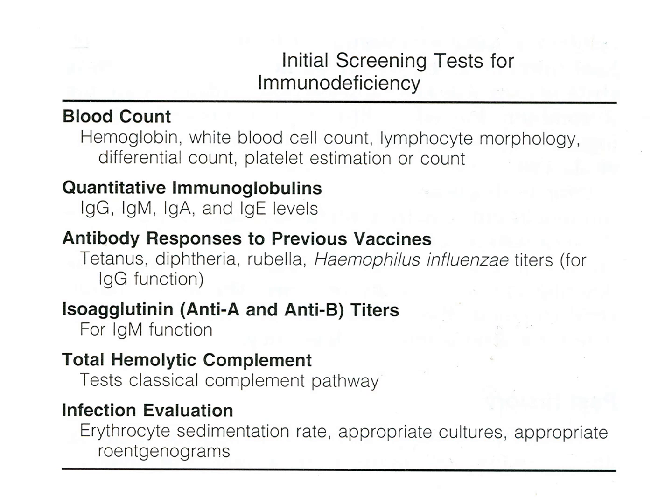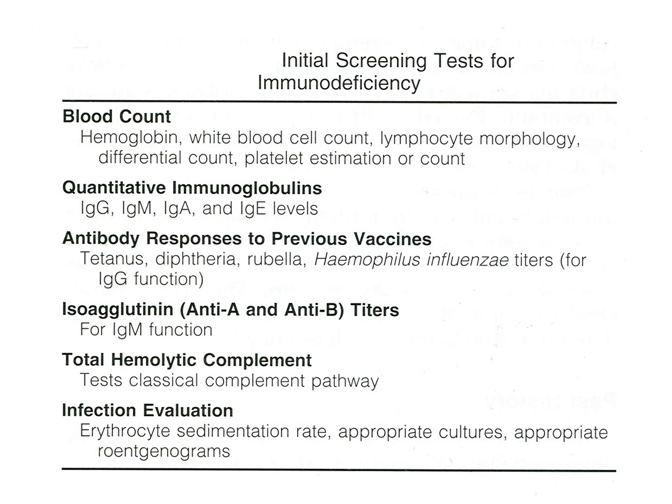Screening test. There are several tests that can be performed in order to determine if the person is suffering from immunodeficiency. Start with blood counts, CBC, those tests, quantitative immunoglobulin test, antibody response to previous vaccines.